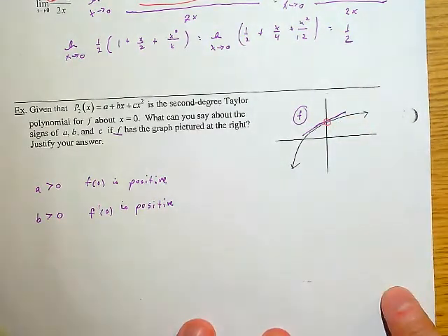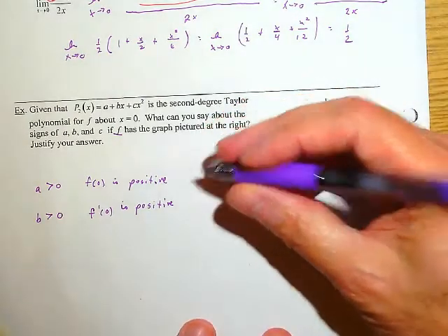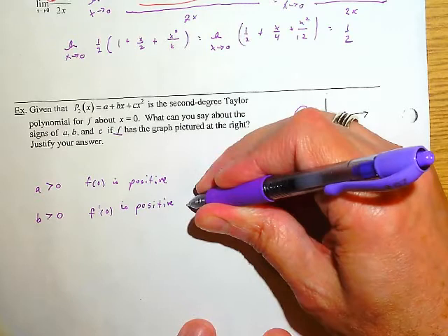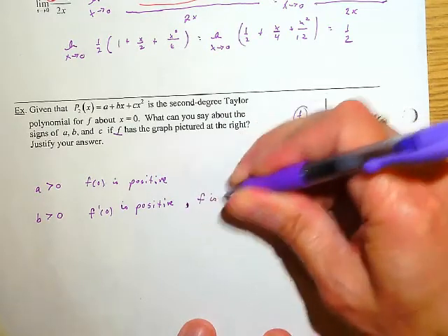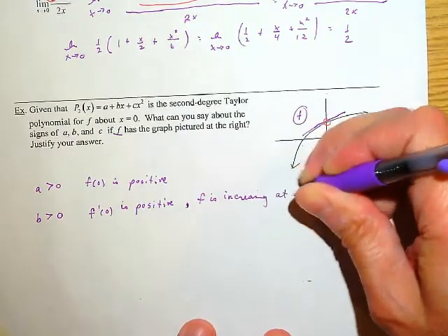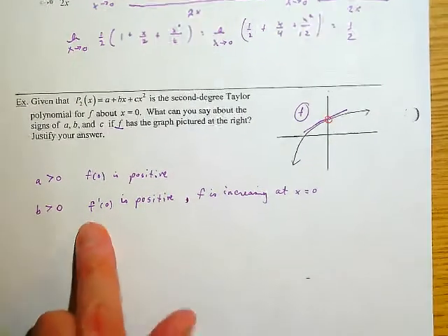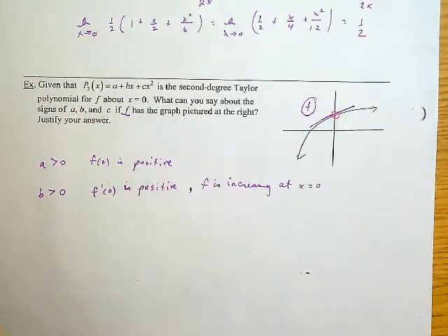That slope is positive. Why? Because f prime of 0 is positive. f is increasing at x equals 0. So another way of saying that: f prime is positive at x equals 0. You could even say greater than 0, but I'm using that here.